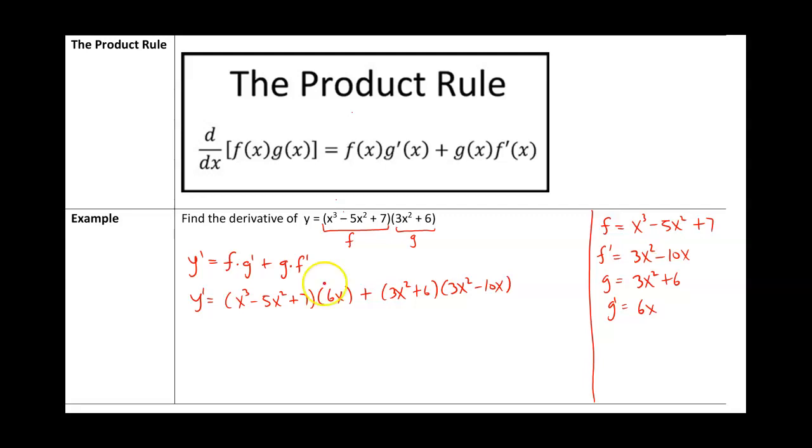So like in the first case, the 6x is going to get distributed to all the terms in that first parentheses. But in MyOpenMath, we can leave our answer in this unsimplified format. We could take it one step further and distribute this, FOIL that, but in the case of MyOpenMath, we can leave it like this.